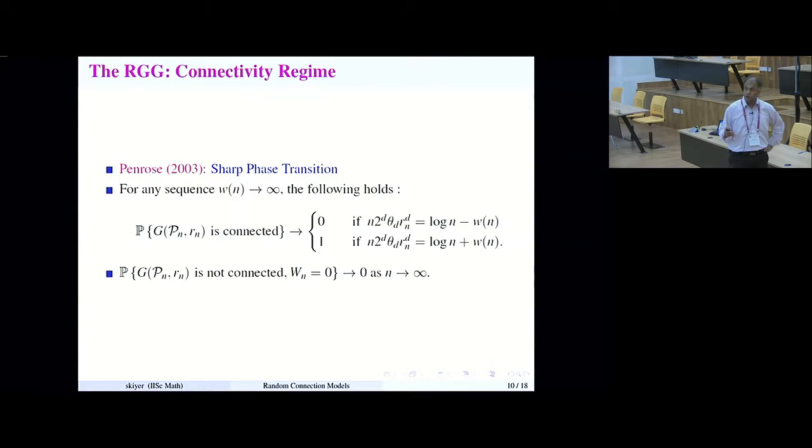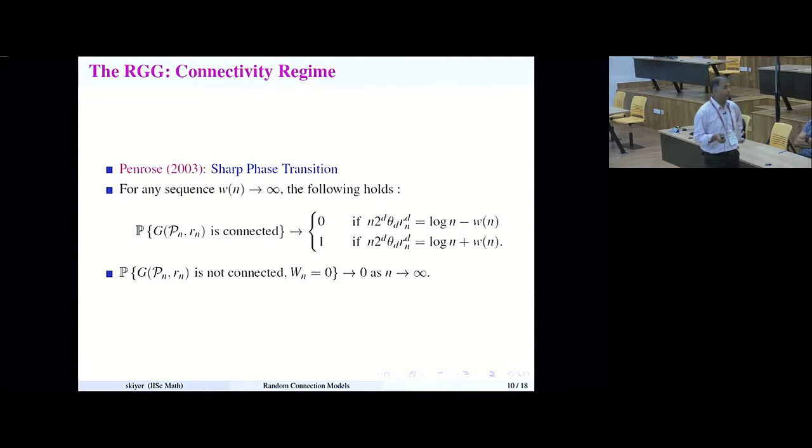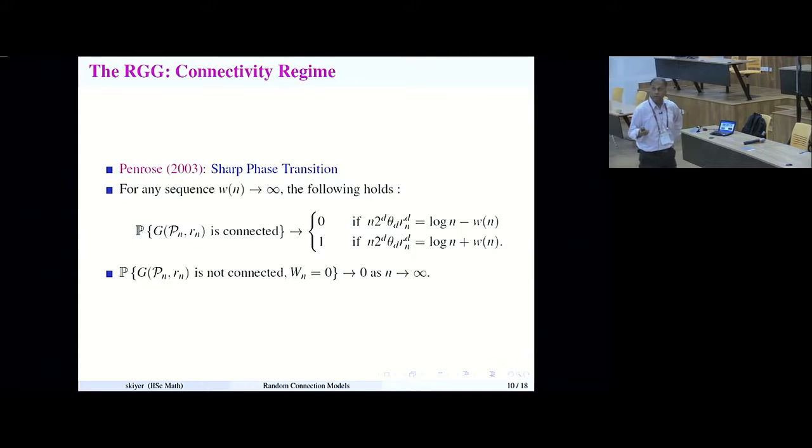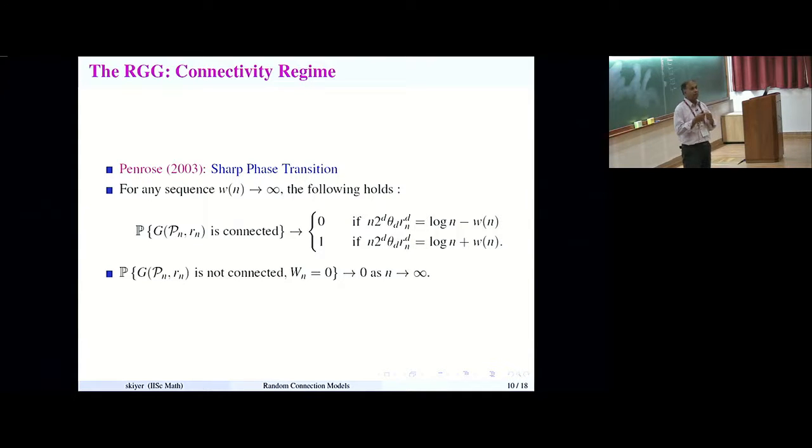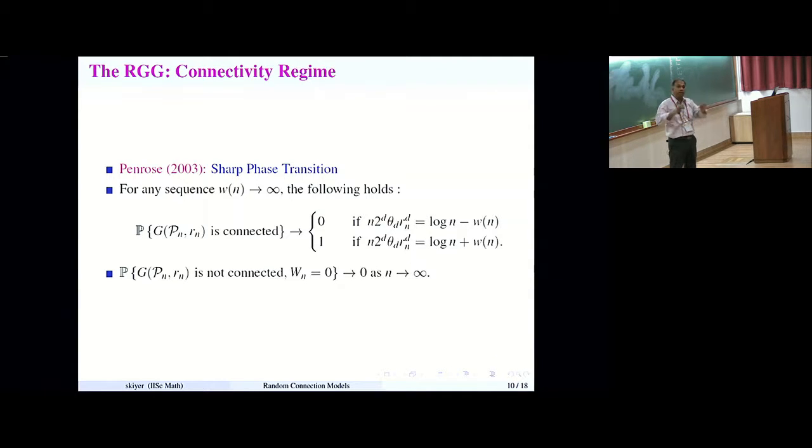No, this has more to do with geometry. What it says is that when Wn is 0, it means that every component is of size at least 2. Now when every component is of size at least 2, you have to show that it occupies a certain space. And when it occupies a certain space, the total region that you require, where there should be a gap with no point, is way too much.